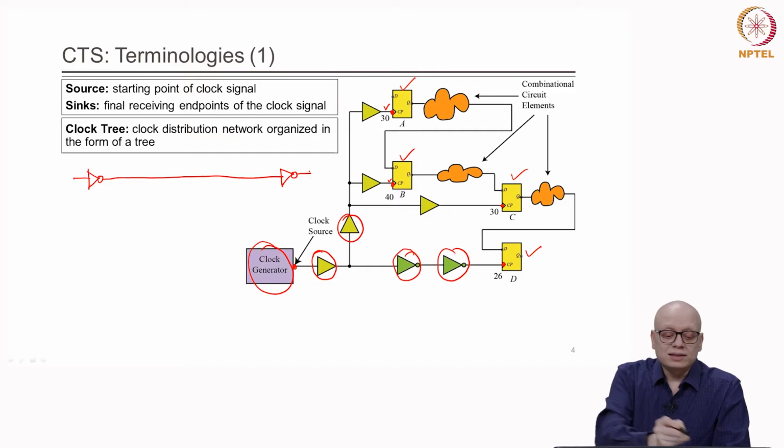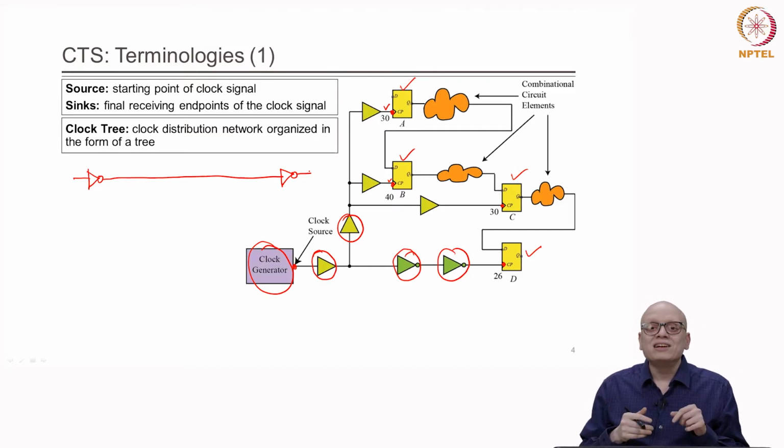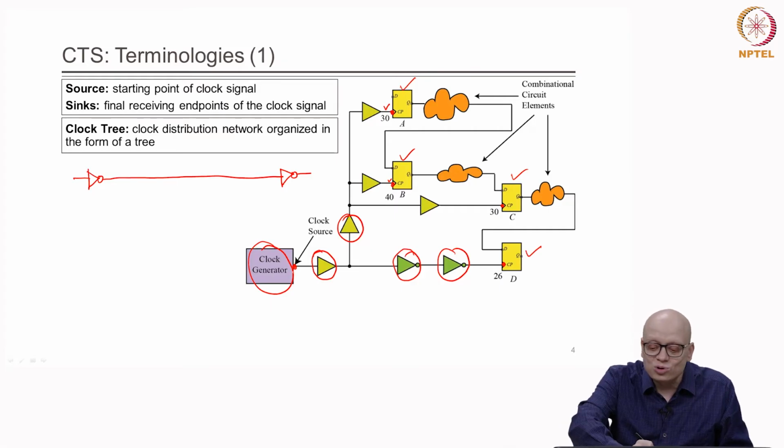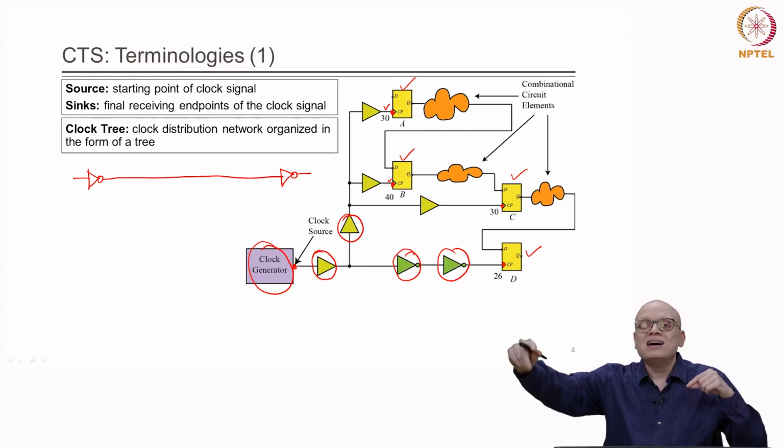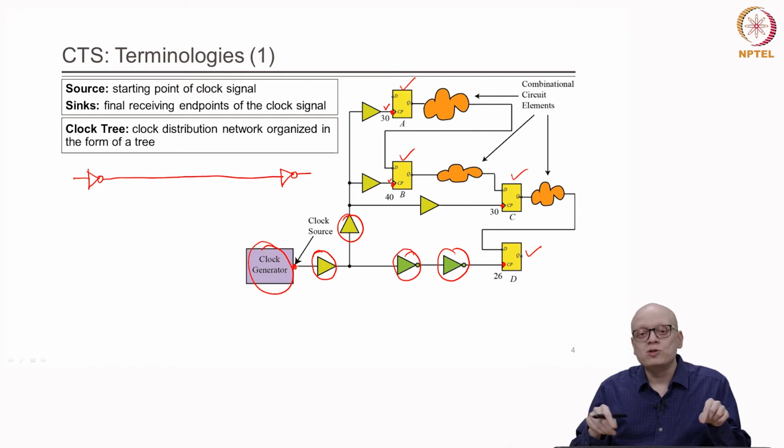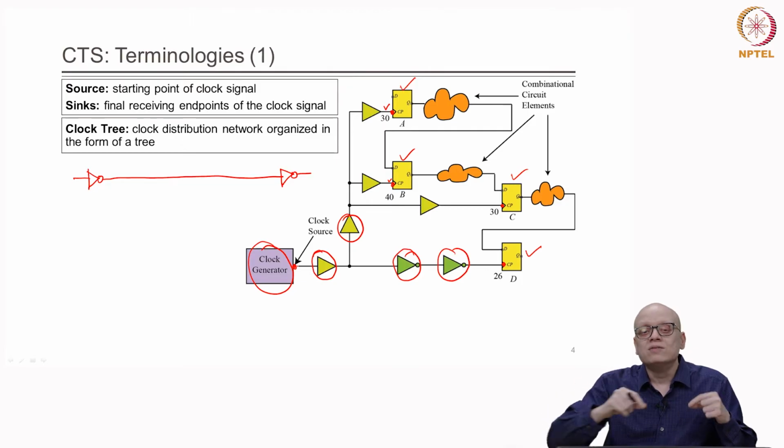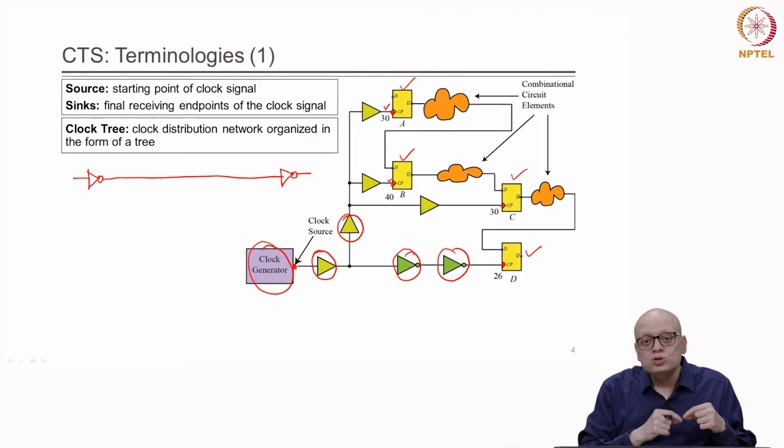Now, why are we taking a long wire? Because in the clock distribution network, from the source to the sink, you have a long path. The flip flops can be at any point on the layout, and therefore, there will be long paths from the clock source to the sinks.